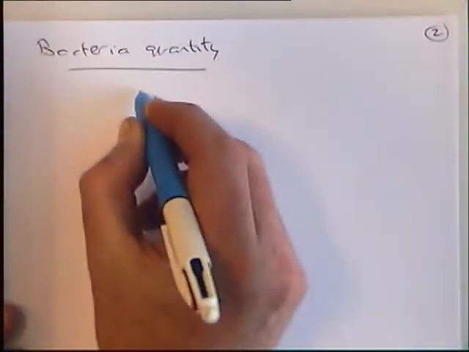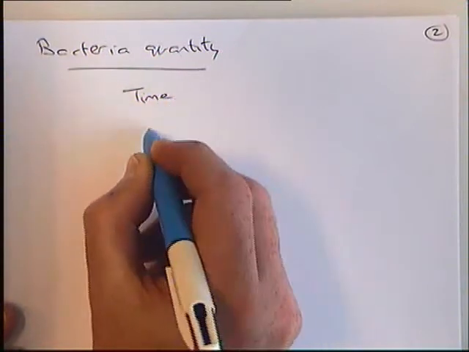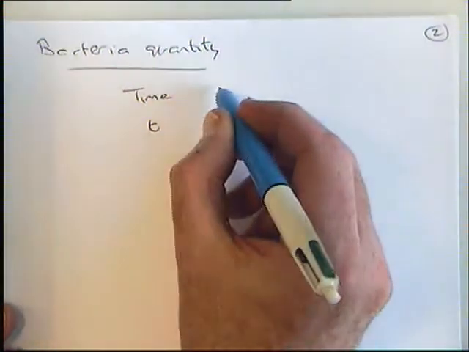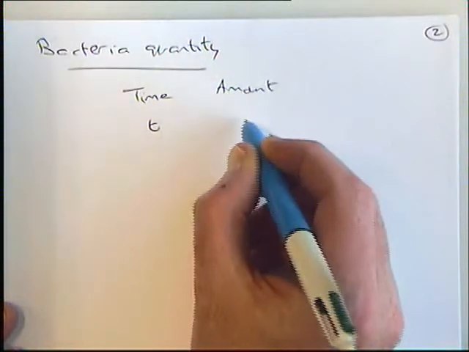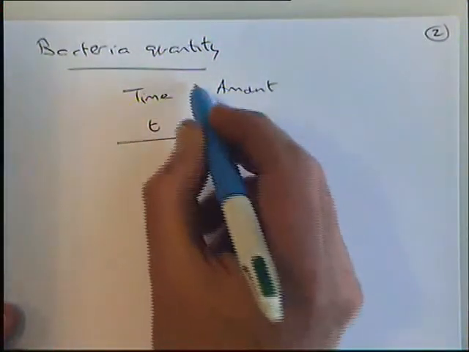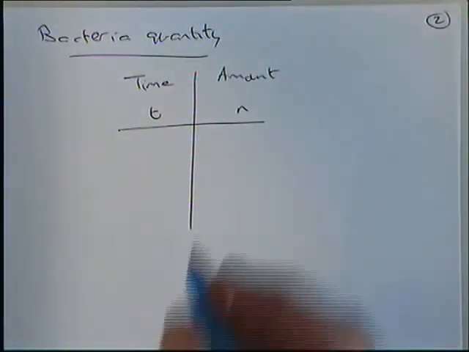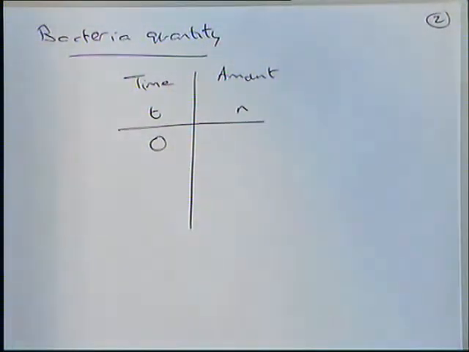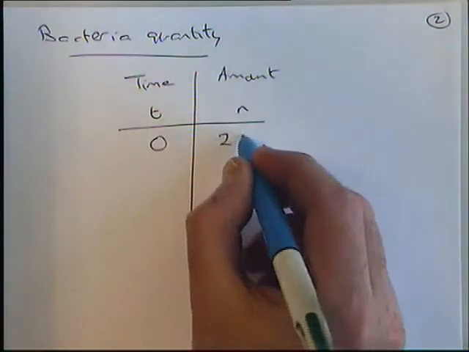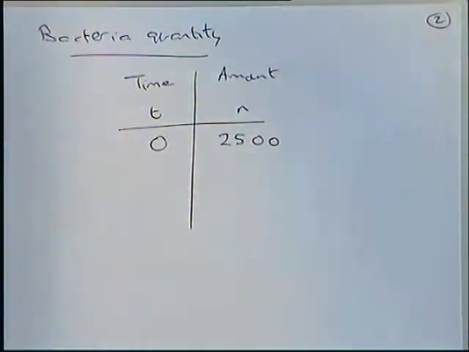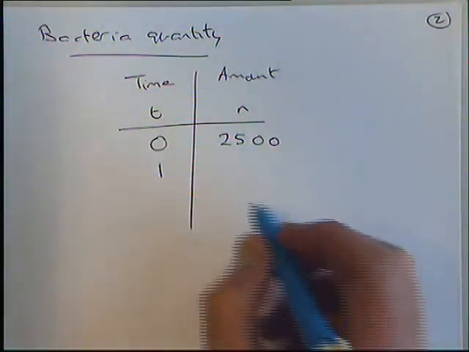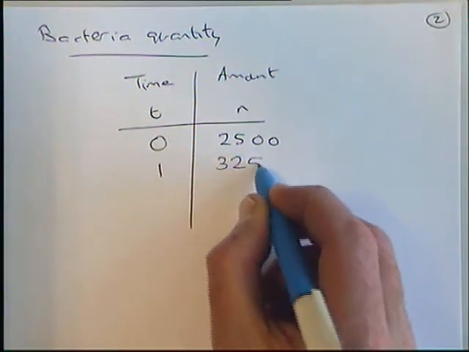We're going to have time period, denoted by T, and we're going to have the amount of bacteria, denoted by N. And I'm going to tell you that in time period 0, so at the very beginning, we've got 2,500 bacteria. Or that might be the area in millimetres squared or something, I don't know. But that's the amount of bacteria we have. One time period later, we've got 3,250.